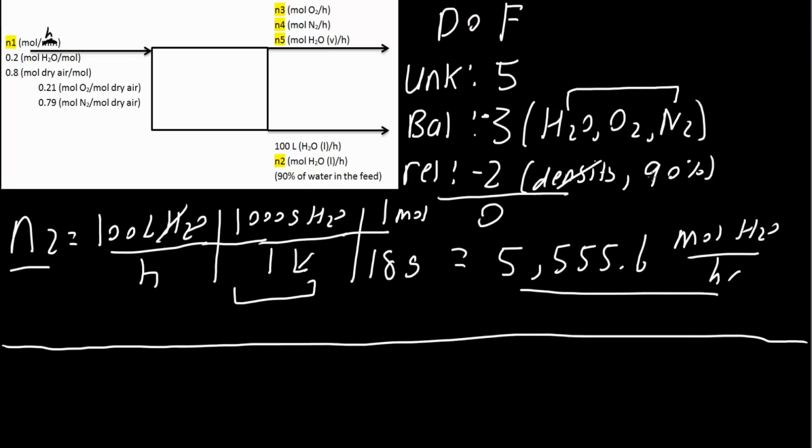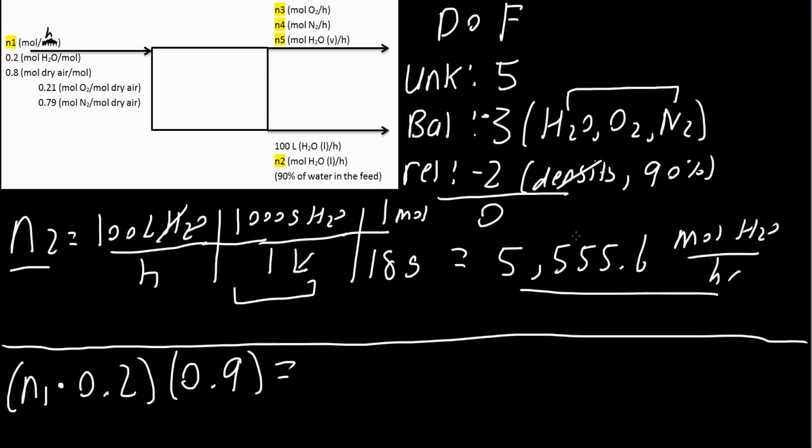Next, we could use this 90% relationship here. We could say that N1 times 0.2, which is water, times 0.9, the 90% of water in feed, would ultimately equal N2.